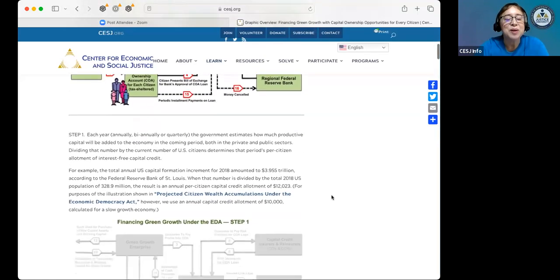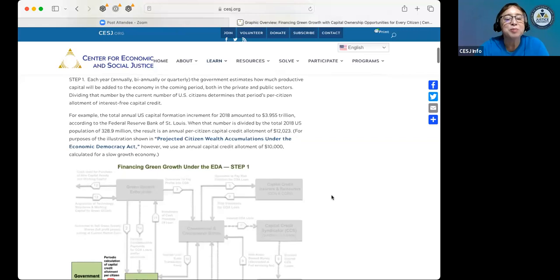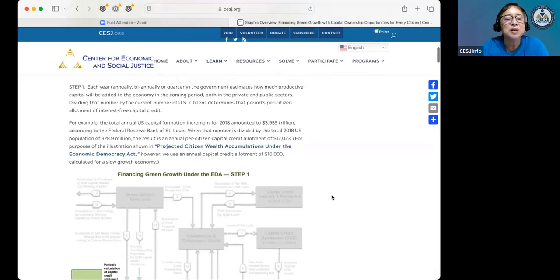Okay, so as Norm was saying, there's a process by which we determine how much capital credit is going to be made available each year. And so each year, annually, biannually, or quarterly, the government will estimate how much productive capital will be added to the economy in the coming period, both in the private and public sectors. And this could be the government, it might be the central bank or some other body that makes that estimate based on what businesses say they're going to need.